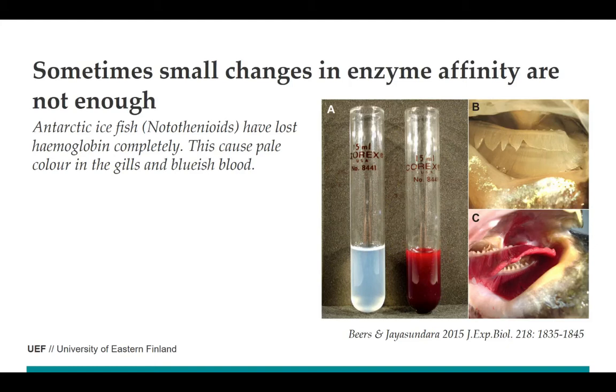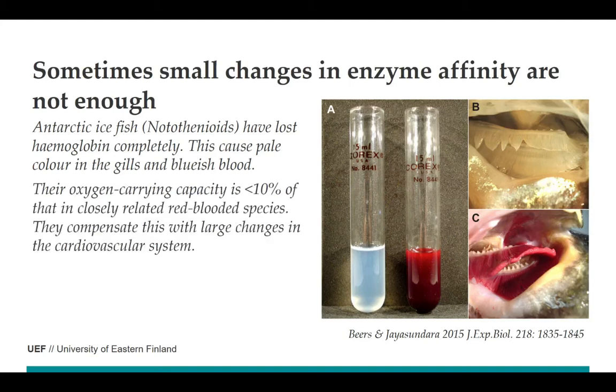And well, you all know that hemoglobin is needed for transporting oxygen throughout our circulation. So the Antarctic ice fish has very limited oxygen-carrying capacity. It can carry only 10% of the oxygen compared to closely related red-blooded species.